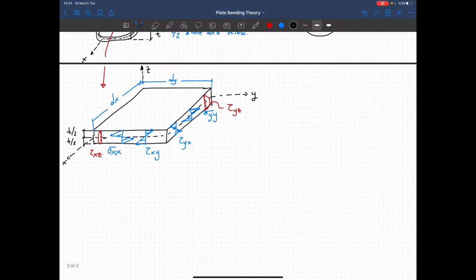So if we use the Kirchhoff theory, Kirchhoff model, which is for the thin plates, we are ignoring the shear deformation along the depth of the member. So our stress vector will be composed of axial stress in x and y faces and directions and the shear stress.